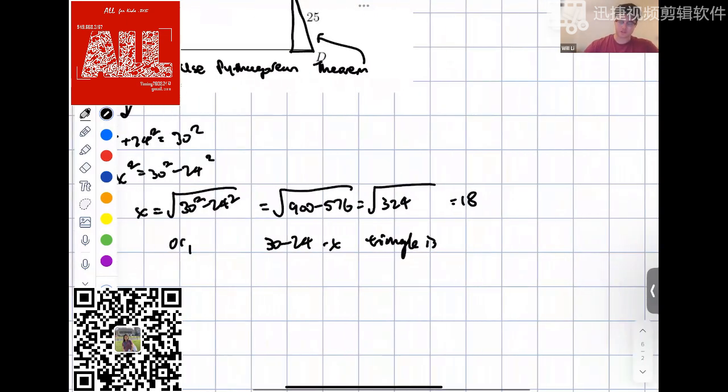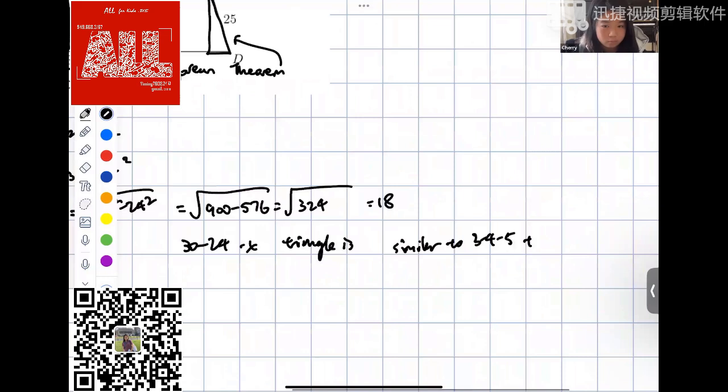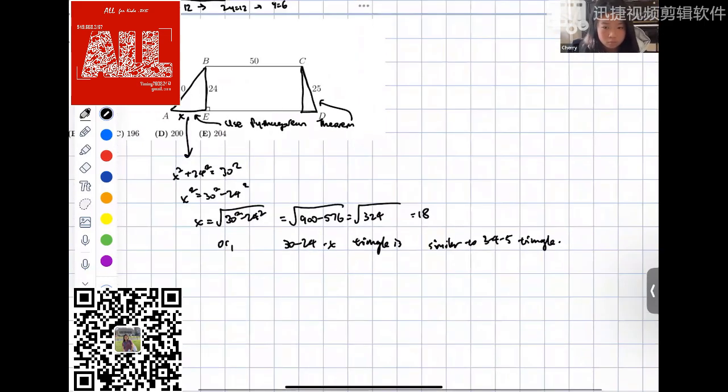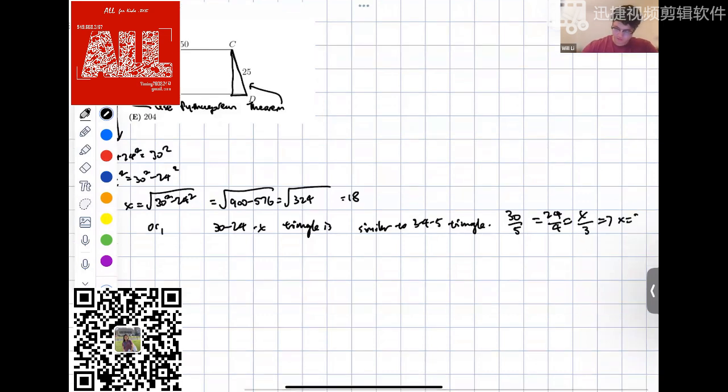Which one did you use, Sherry? The square root. Okay. And you can have 30 over 5 equals 24 over 4 equals x over 3. X equals 3 times 6, which equals 18.